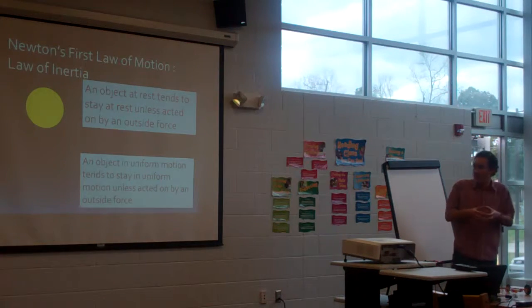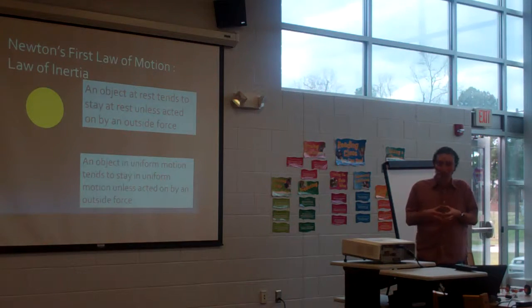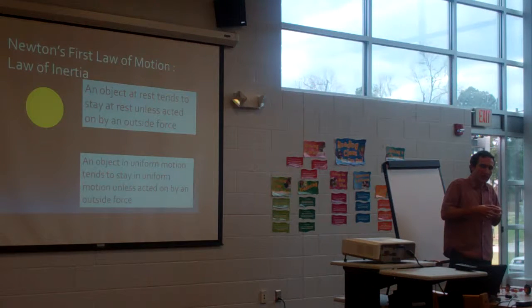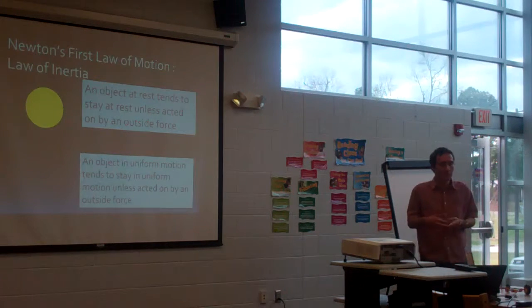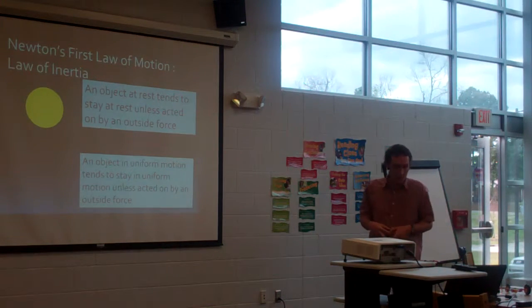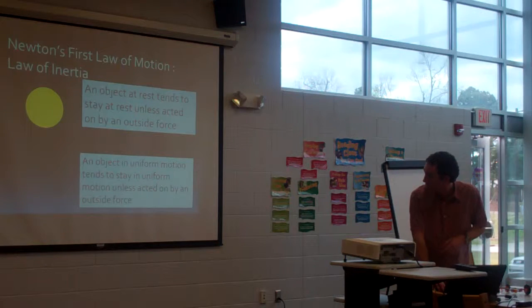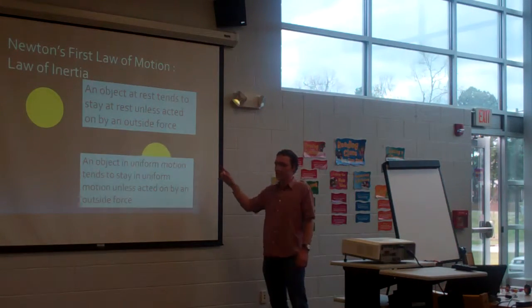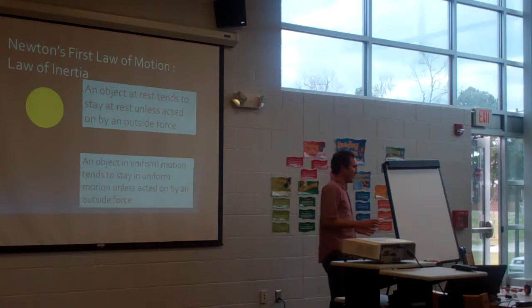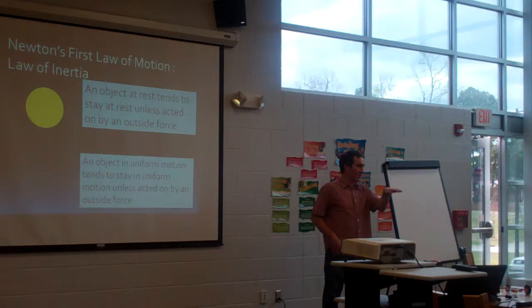In mechanics, mass and inertia are really the same thing. The more massive an object is, the more inertia it has. An object moving at a constant velocity, unless there are forces acting on it, will continue moving at a constant velocity.